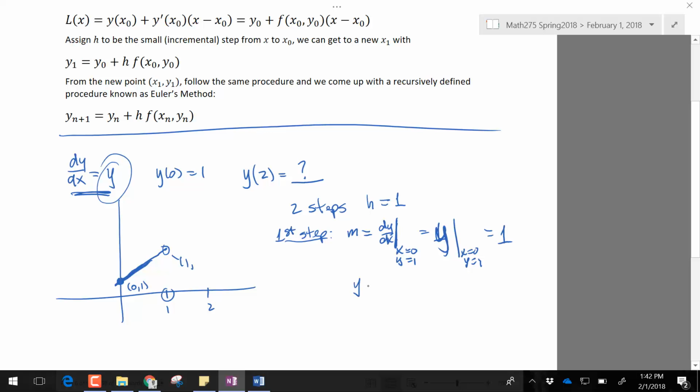So y minus y1 is equal to the slope times x minus x1. So I guess I use zeros there.